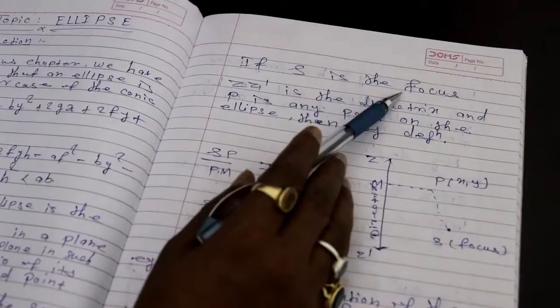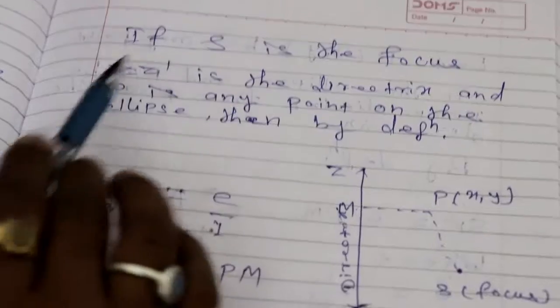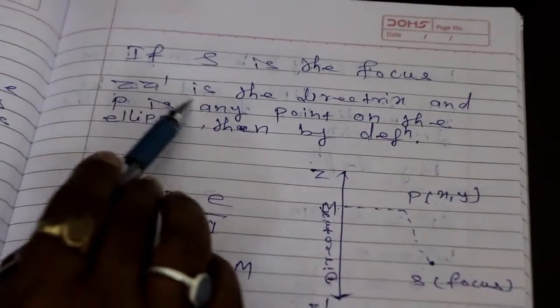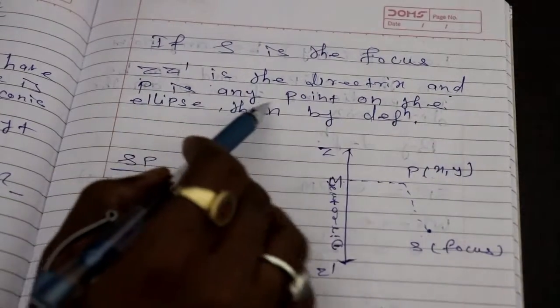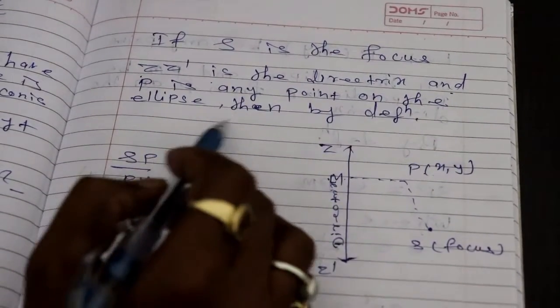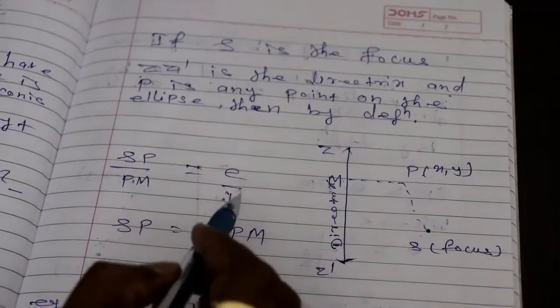If S is the focus of the ellipse, Z is the directrix and P is any point on the ellipse, then by definition SP upon PM is equal to e.